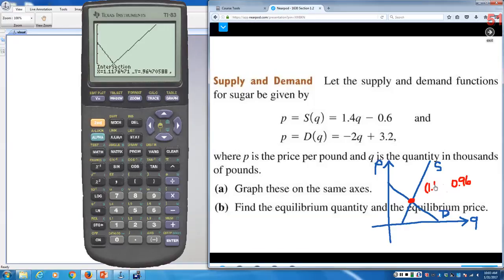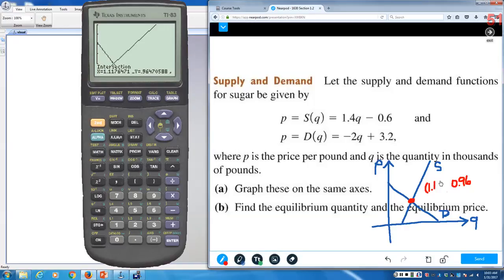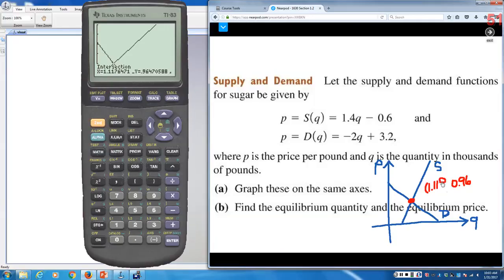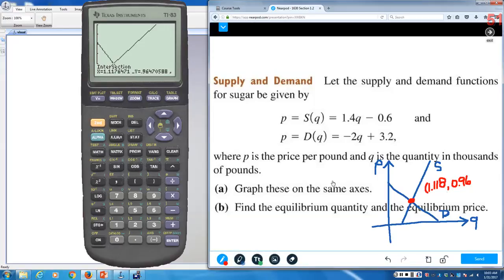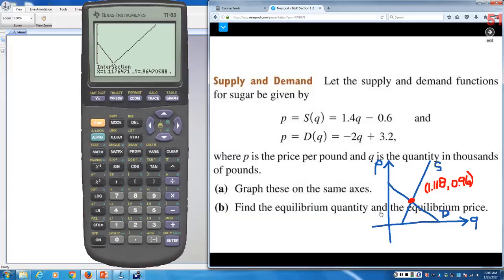And part of the reason I'm doing some of the things I'm doing isn't just because this is the right way to do the problem. I'm trying to show you the different ways that you have to enter your answers. So Q is in thousands of pounds and P is the price per pound, and that's going to be in dollars. So I'm going to leave that like that.